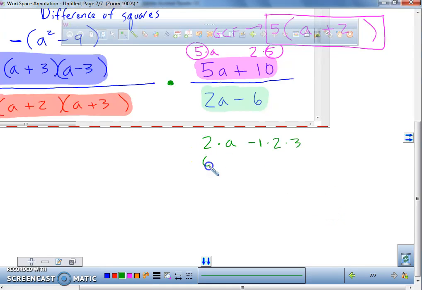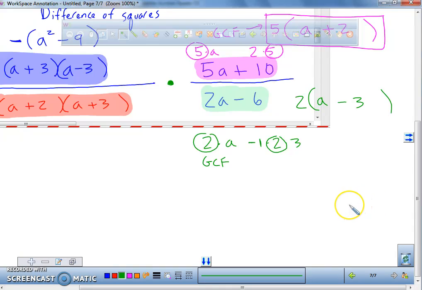What is the greatest common factor between this and this? 2. So in the denominator, we're going to factor out a 2. If I factor out a 2, what do I have left? I have an a left. And what's a -1 times a 3? That's just going to be a -3.